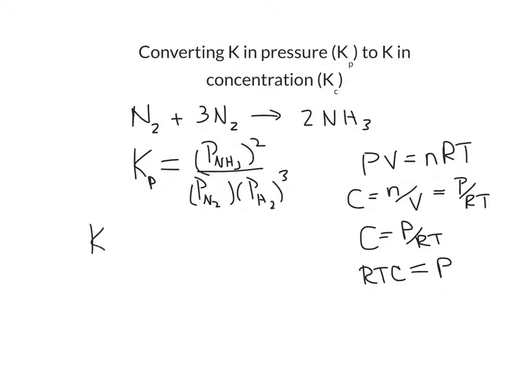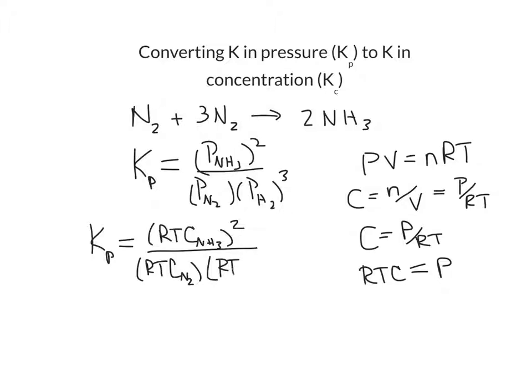So my Kp is going to be equal to R times T times the concentration of NH3, squared, divided by the pressure of nitrogen, which is R times T times the concentration of nitrogen, times the pressure of hydrogen, which is R times T times the concentration of hydrogen, and I need to raise that to the third power.